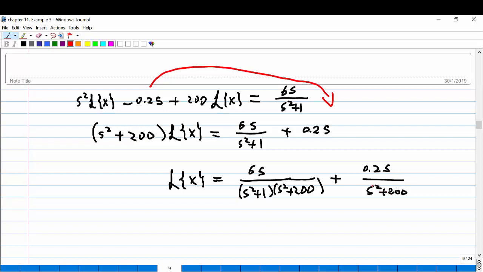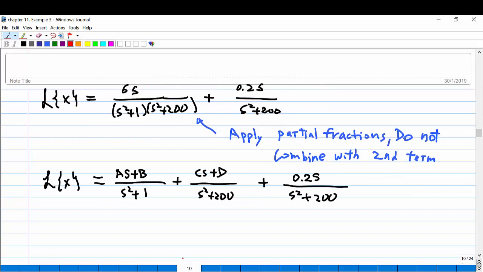Now, how do you find x? You have to get the inverse Laplace transform. Before you do that, you have to do partial fractions. So what I'm going to do is apply partial fractions to 6s over (s squared plus 1)(s squared plus 200), and leave 0.2s over s squared plus 200 alone.